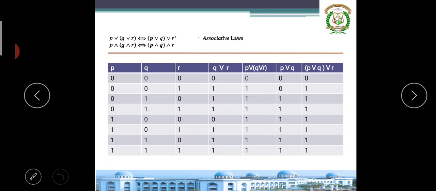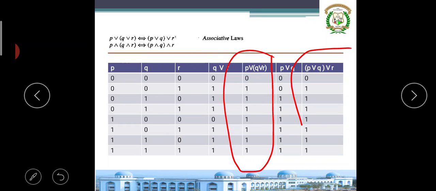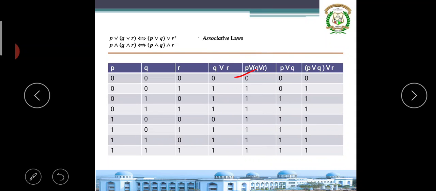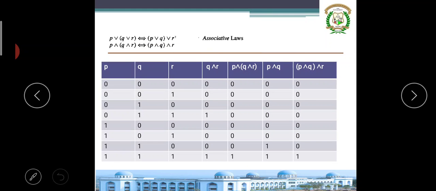We will understand that P or (Q or R) is logically equivalent to (P or Q) or R. Am I right? You can check the values. This is 0. This is 1. This is 1. This is 1. This is 1. This is 1. This is 1. This is 1. So logically equivalent. So P or (Q or R) is logically equivalent to (P or Q) or R. This is called associative law. Same way and also.